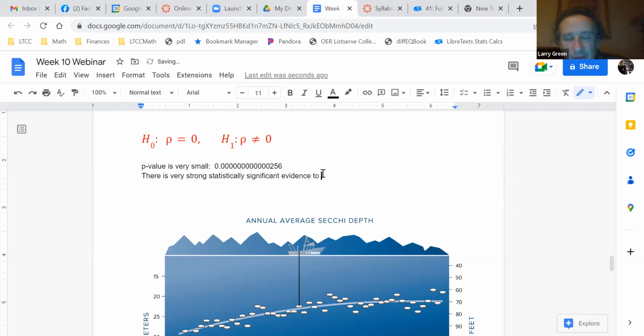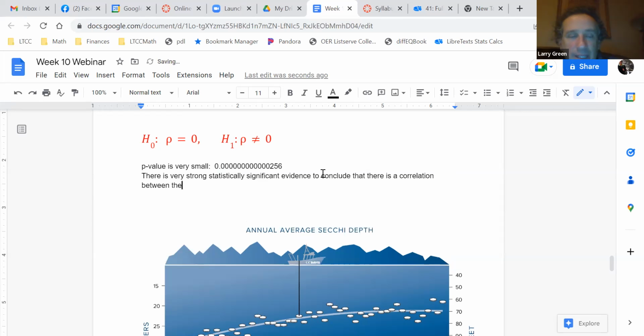To conclude, we can now say there is a correlation between the year and the depth of lake clarity. Any questions on the hypotheses?